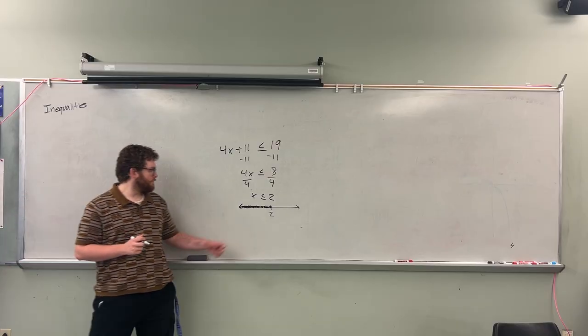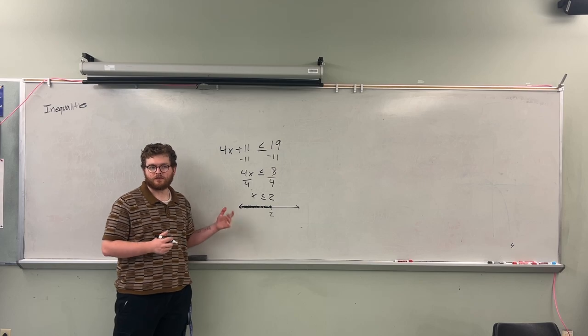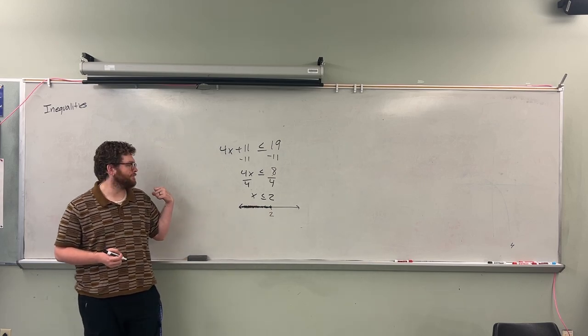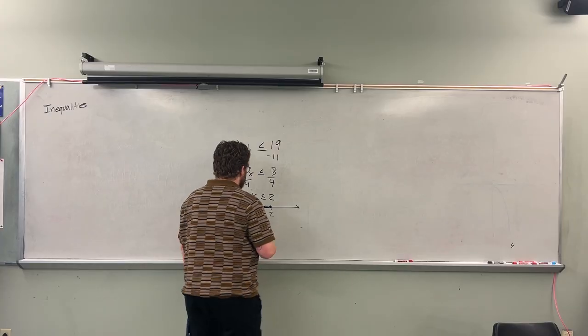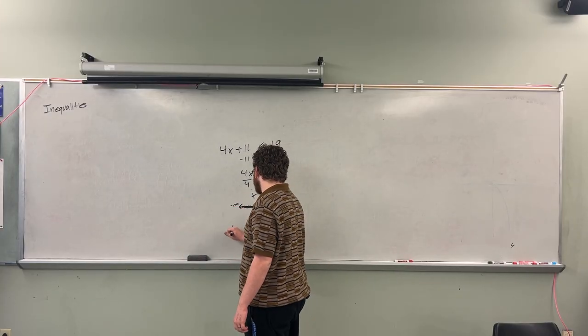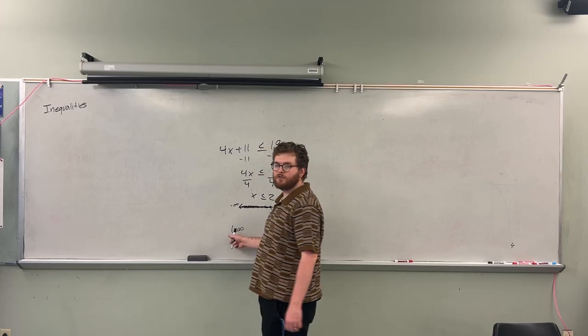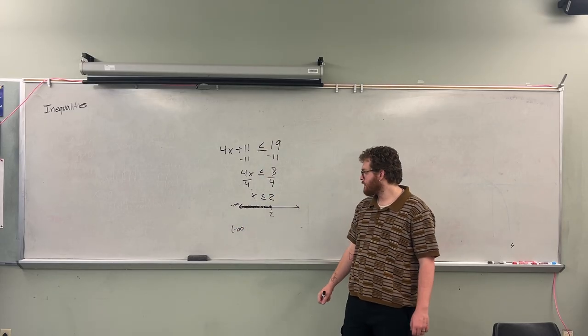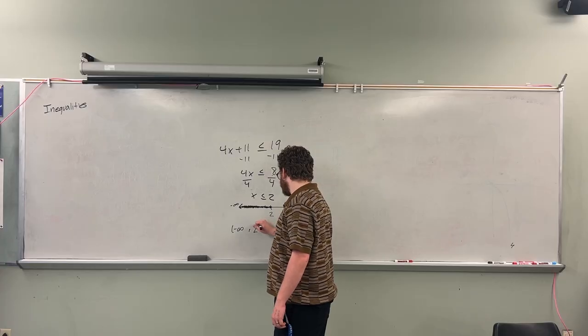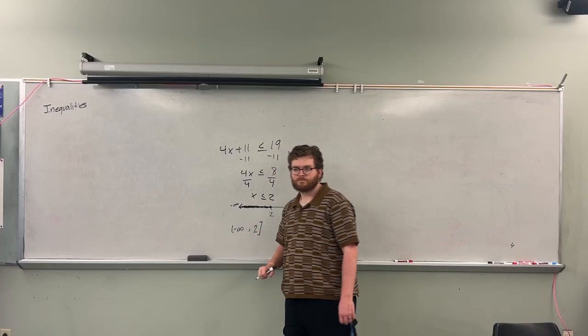Pretty straightforward. It goes down to the numbers that are less than 2, so like 1, 0, -1, all those are over here. And then in interval notation, I'm going from minus infinity, I never include infinities, they always have round brackets, up to 2, and then because it's closed, I get a square bracket.